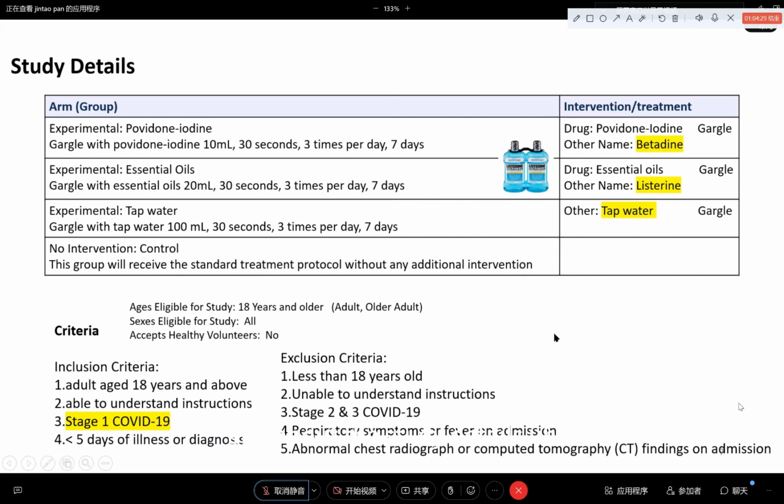About the study details, they divide the participants into 4 groups: Betadine, one of Listerine, tap water, and the last group is no intervention, the control group. They should also choose who will join these clinical trials, with inclusion and exclusion criteria.